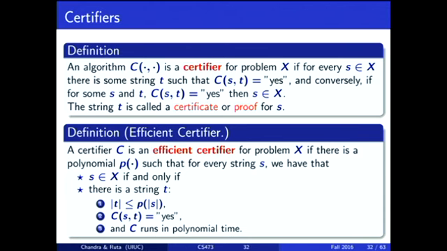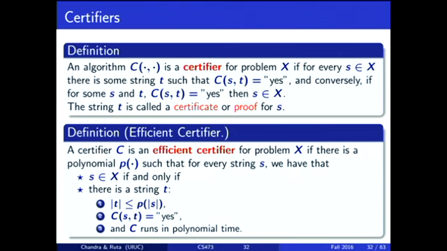And it has the following property: if the input is actually a yes instance, there exists a proof such that the verifier will say yes. Think of this as your verifier for SAT. If the formula is satisfiable, there exists an assignment which will convince the verifier, because if you give it the right one, it will check and say yes.